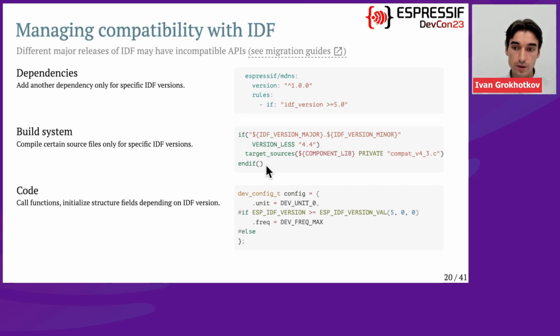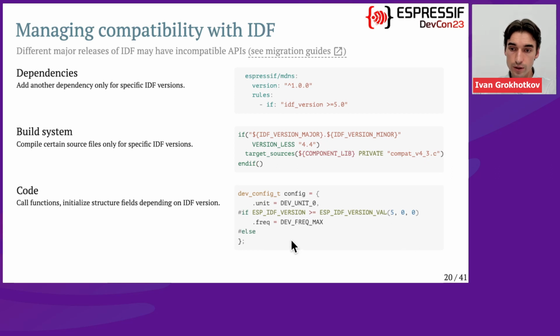In the build system, I could add different source files or different compile definitions depending on the IDF version. I could use those IDF_VERSION_MAJOR or IDF_VERSION_MINOR macros. In this case, if I wanted to make the component compatible with IDF 4.3, I could add a file that would be compiled only for that revision, and that file could provide maybe the missing functions that have been defined in IDF 4.3.